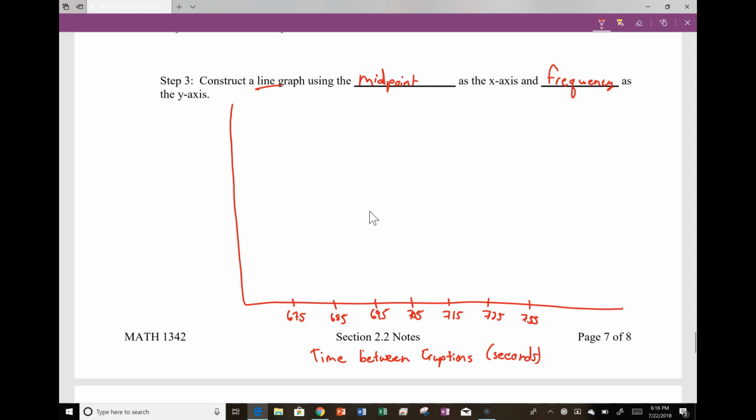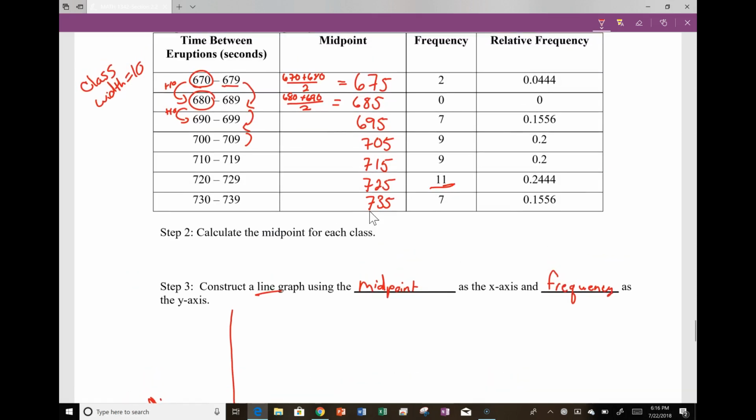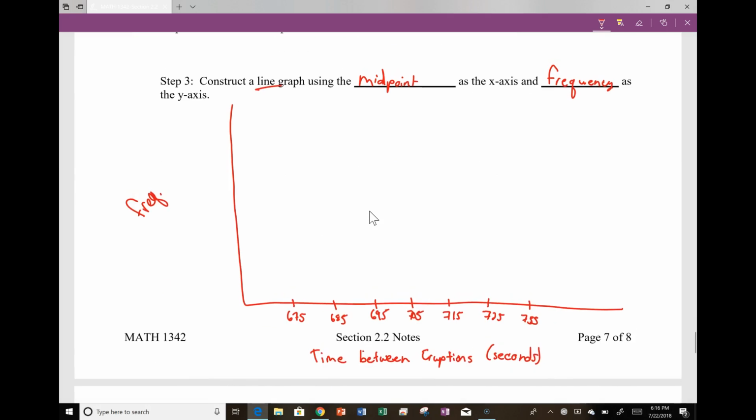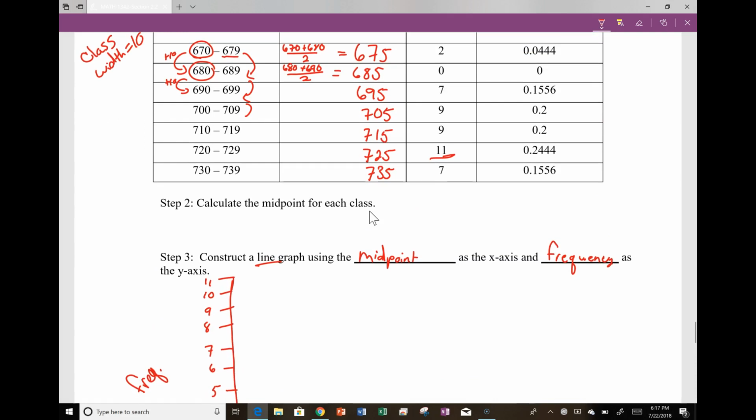On the y-axis, I'm actually going to continue using the frequency. For me, it's a little bit easier. We have the largest frequency as 11, so that means I need to go up to at least 11. So there's my 11, counting by 1. And now what I can do is plot these points. 675 with 2.